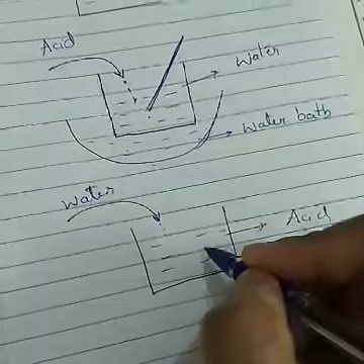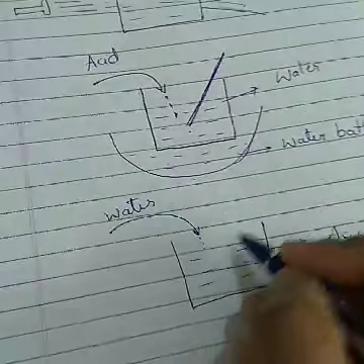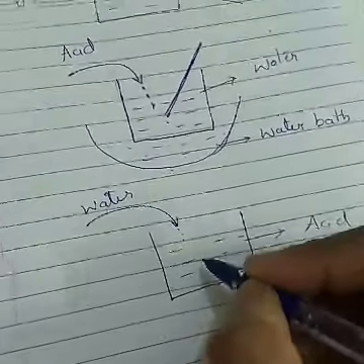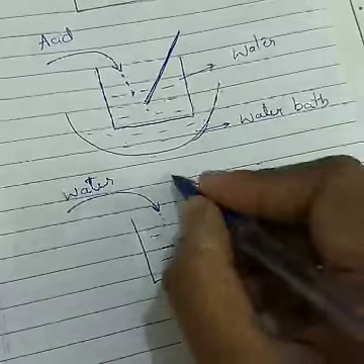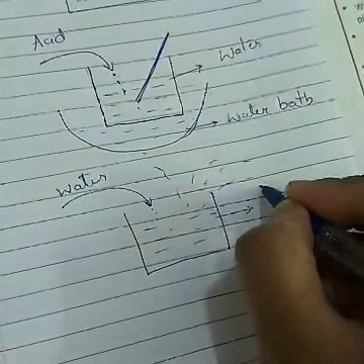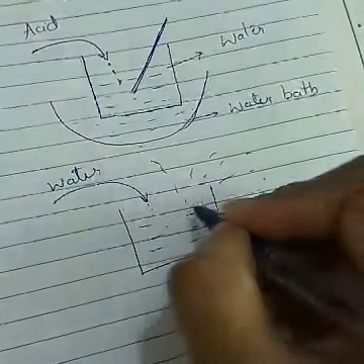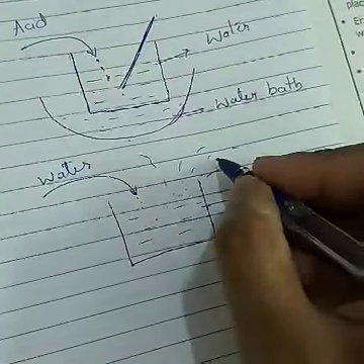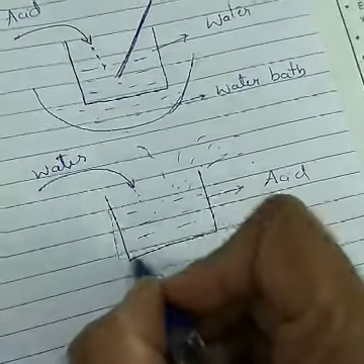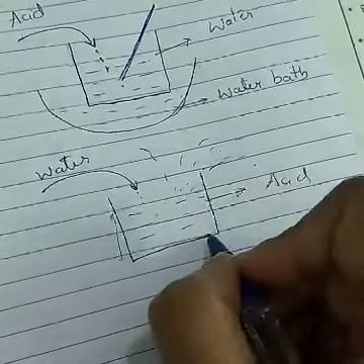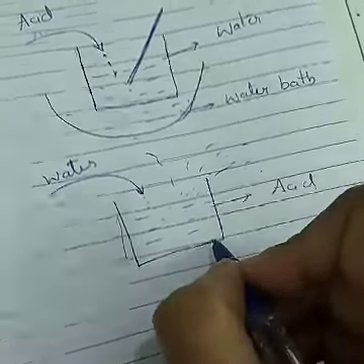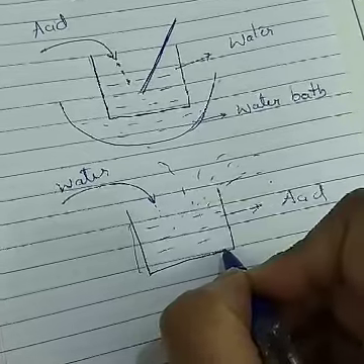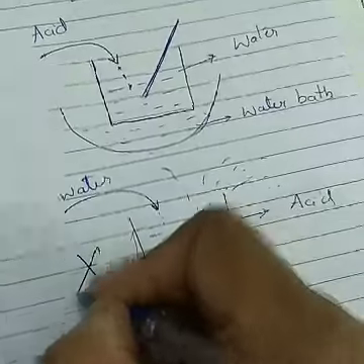The heat generated will be more, and the mixture splashes out and causes burns if anyone is standing nearby. The glass container in which you have taken the acid may also break due to the excessive heating. So, this is a wrong method and this is the right method.